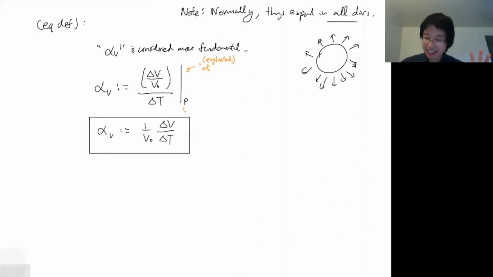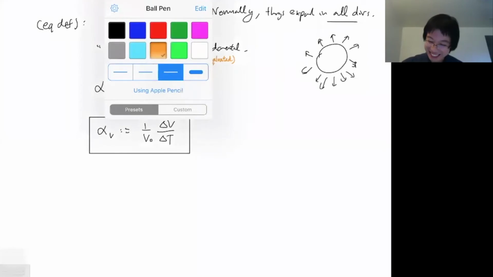Technically, I should write constant P, but try to read this out loud in English: the fractional change in volume per unit temperature at 1 atm. That means it's constant pressure already. Mathematicians are great at thinking of the minimum amount of words you need to write down on paper. So that's what that symbol means.